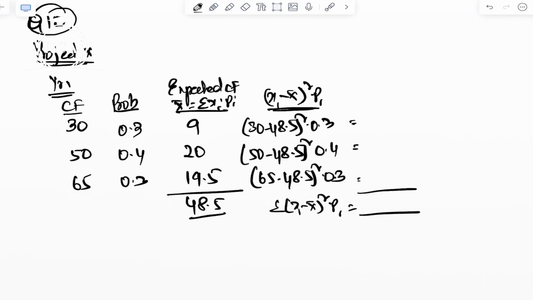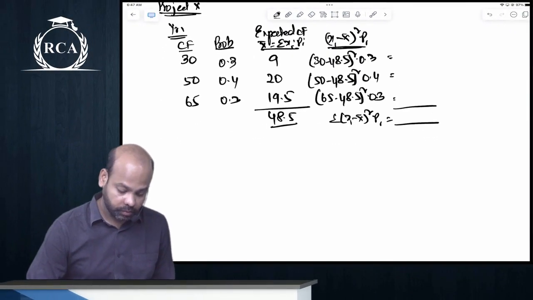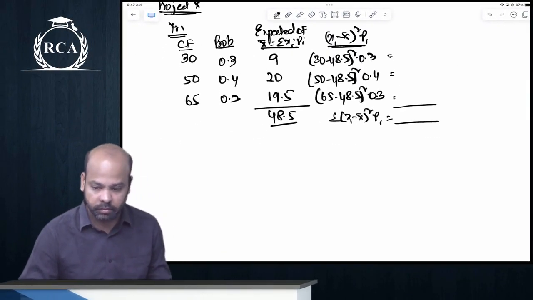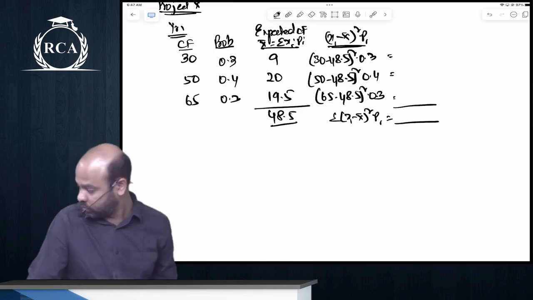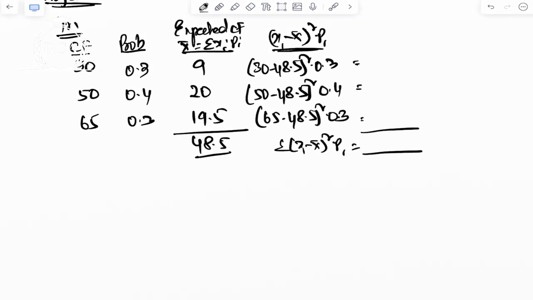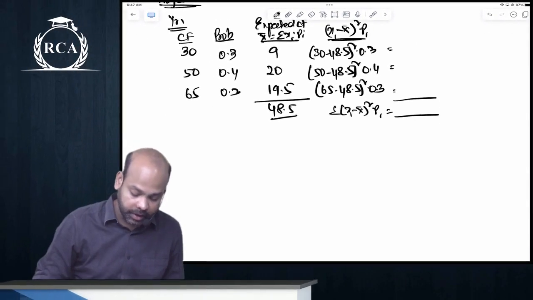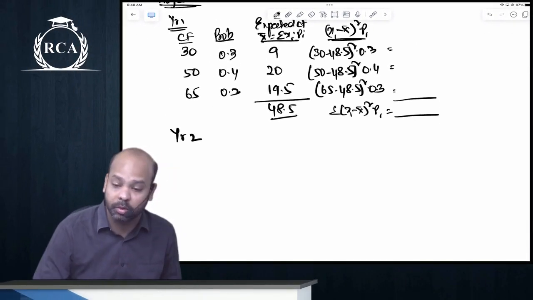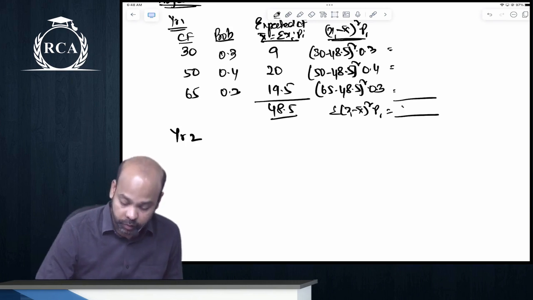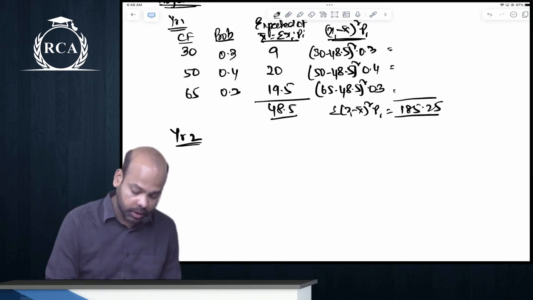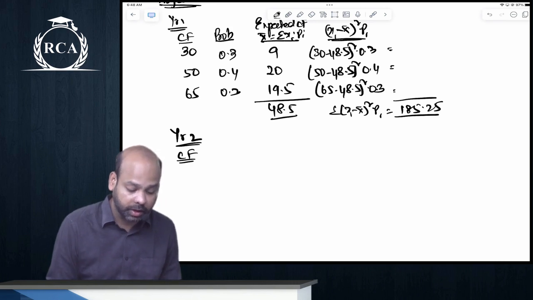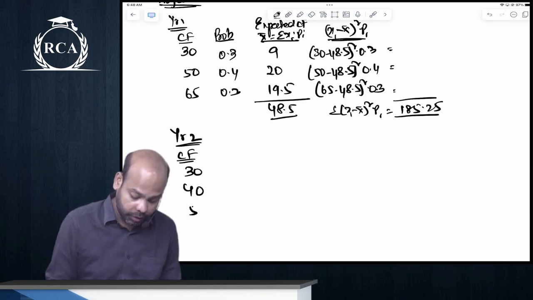Yes, beta. कितना है, guys, year 1 का variance? Yes, guys, year 2, beta. ये कितना बोले थे बेटा तुम लोग वेरिएंस ऑफ ईयर 1? 185 पॉइंट. ईयर 2 का सिमिलर कैलकुलेशन बेटा. हो गया तुम्हारा तीनों साल का? 30, 40 and 55.